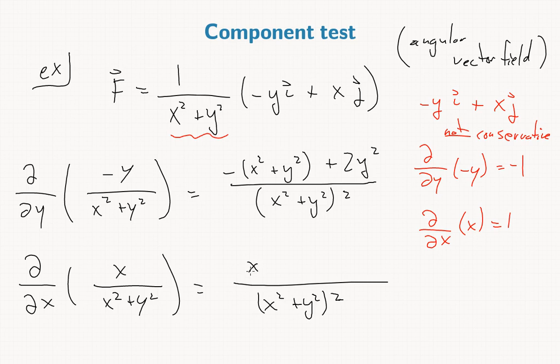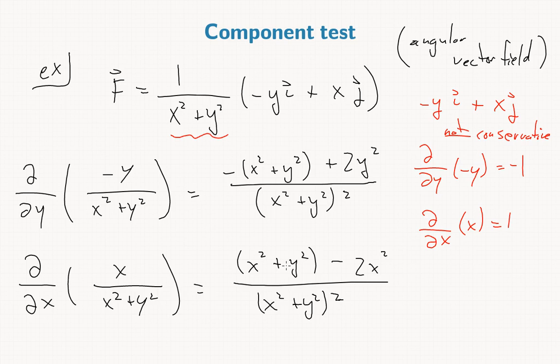So we take the derivative of the top, x, so that's 1, times the bottom, x squared plus y squared, and then minus 2x squared.